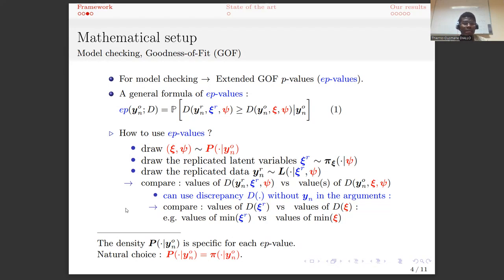For example, taking a discrepancy function as the minimum function of argument psi, where we compare several minimum values of the replicated latent variable and several minimum values of the psi drawn from the density pi, conditional on observed data, where the natural choice of this density is the posterior distribution.